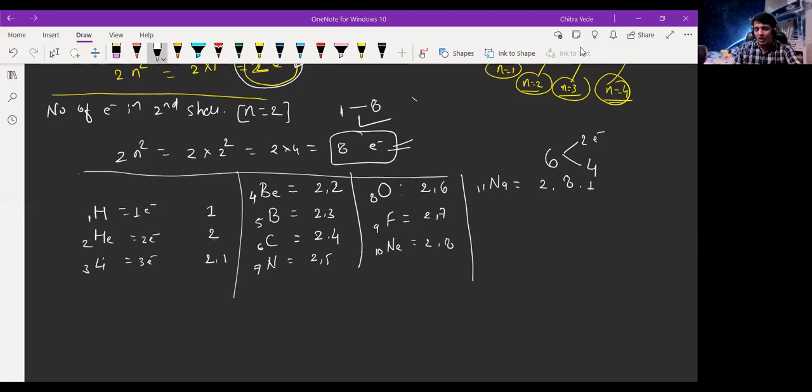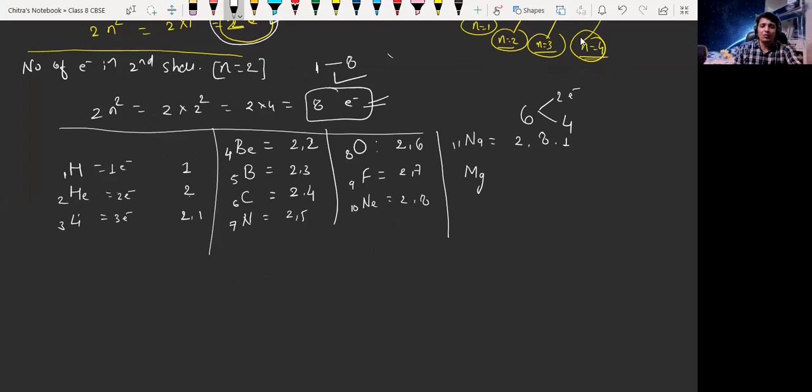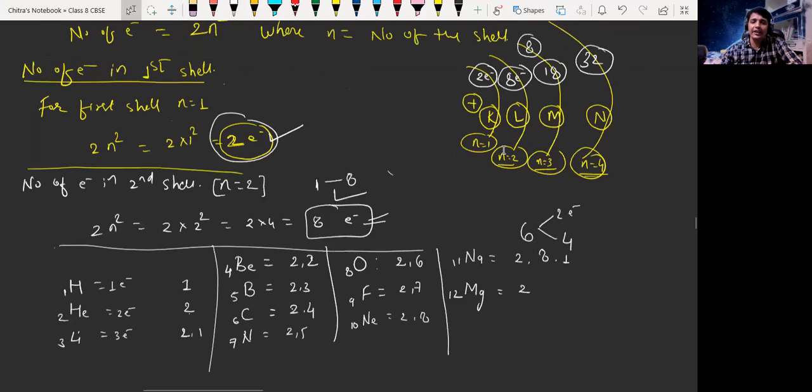Now we have to write the electronic configuration of magnesium, Mg. So who will give me an idea about the electronic configuration of Mg? Sir, it's 2 and 10. No, beta, no. See, in the first shell we have to place only 2 electrons.